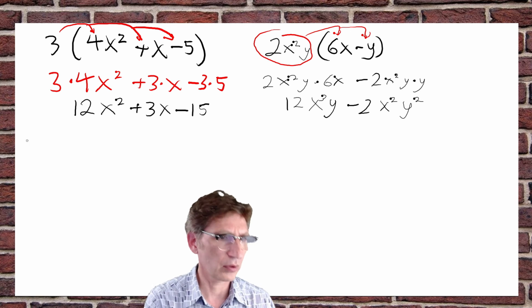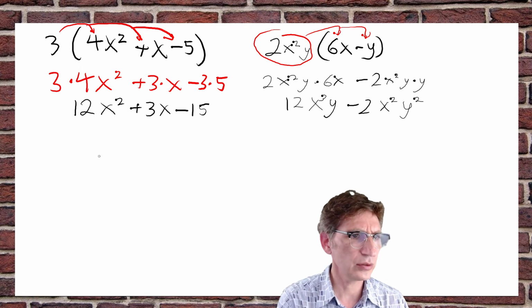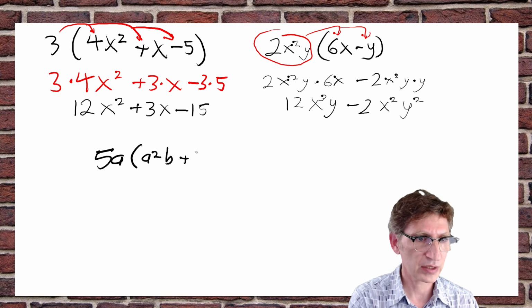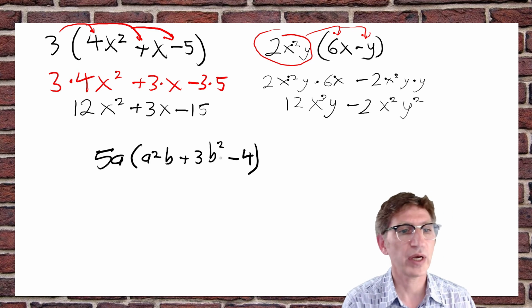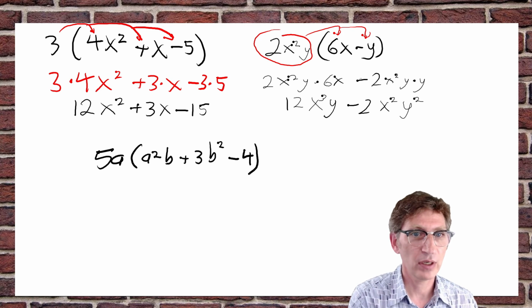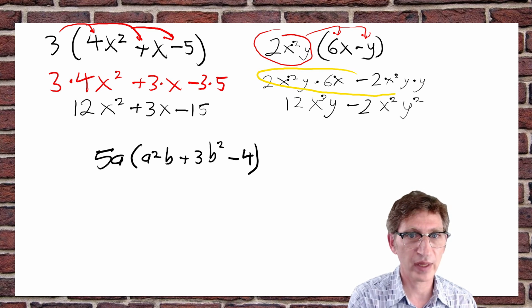Let's look at one more. Let's do 5a times a squared b plus 3b squared minus 4. I'm going to try to do this without writing this middle step where I show all of the terms multiplied.